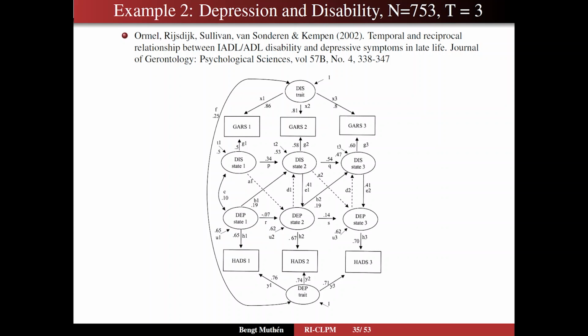What we're looking at here is an analysis with measurements 1 year apart. This figure comes from figure 2 in the article, presenting standardized estimates after fixing these 2 reciprocal effects from depression to disability at the 2 time points at 0, having found them insignificant.